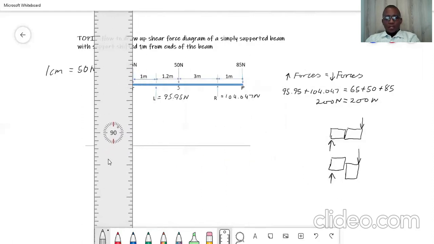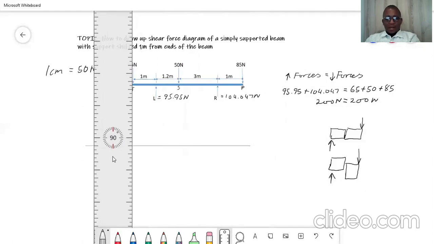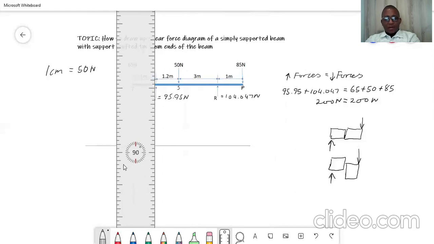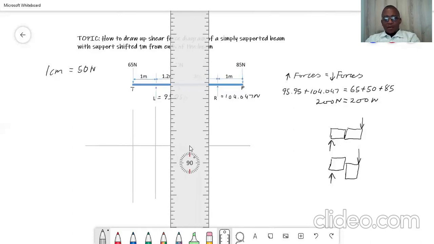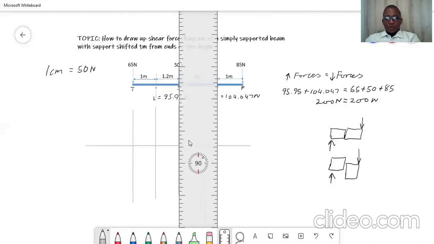Right, so I'll first draw this line here, this line there, starting there, and then draw the second one. These are just markings. Remember, these are just construction lines, so that our diagram can be accurate, neat, clear, and readable, right? So it's always good to have your ruler straight vertically up, right?